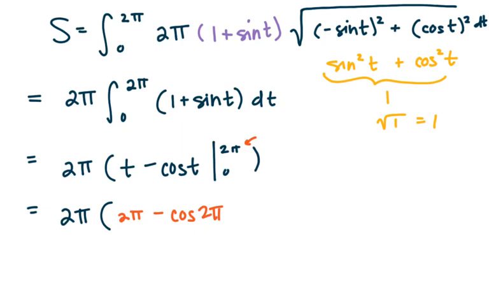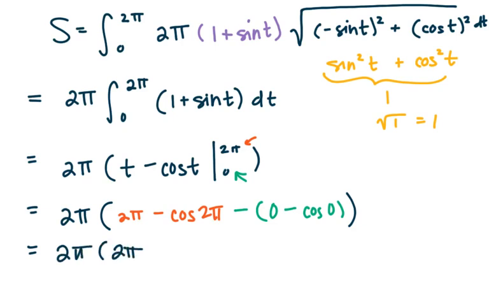Then plugging in 0, we have minus 0 minus the cosine of 0. Cosine at 2 pi and cosine at 0 are both equal to positive 1. So I have 2 pi minus 1, minus, and I have 0 minus 1, so that's minus negative 1. We get plus 1. Plus 1 minus 1, those go away. And my solution here is 4 pi squared.